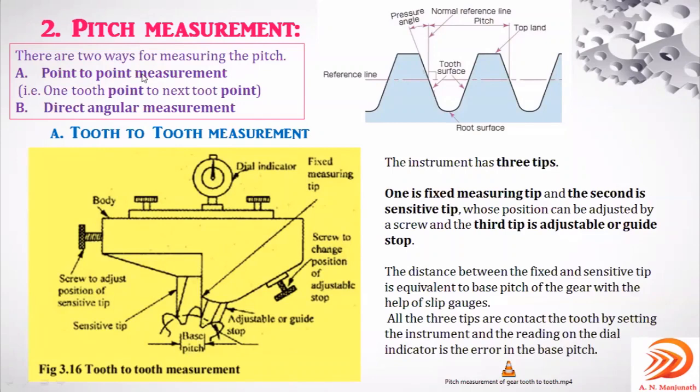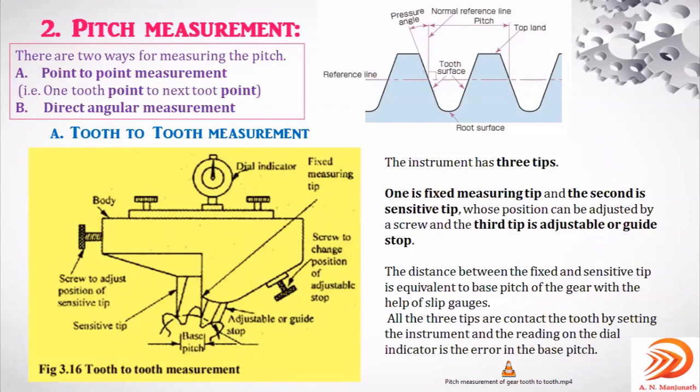Here, the first one I represent as tooth to tooth measurement, because it is tooth point to next tooth point. So tooth to tooth measurement or point to point measurement of the pitch for the given gear blank. What you are observing here is the machine which will measure the pitch of the given gear blank from one point to the other point.